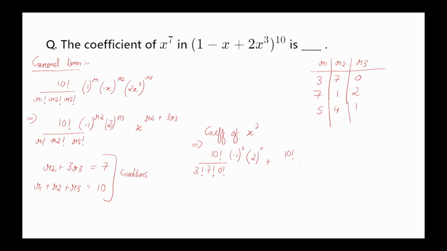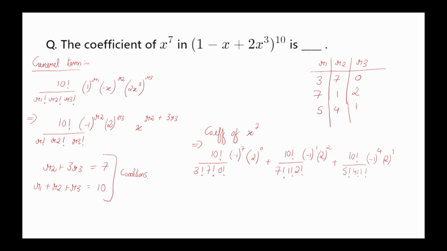I would have 10 factorial upon 7 factorial, 1 factorial, 2 factorial into minus 1 to the power 1, and I would have 2 to the power 2, plus 10 factorial upon 5 factorial, 4 factorial, 1 factorial into minus 1 to the power r2, which is 4, and I would have 2 to the power 1 here.